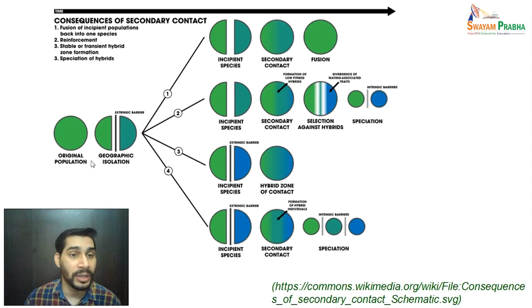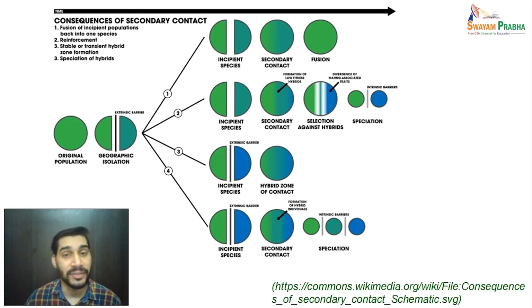So if an original population saw a geographical isolation and has given rise to incipient species, and then there is a secondary contact, the first situation can be a fusion of the incipient populations back into one species, which is the case where no speciation takes place.